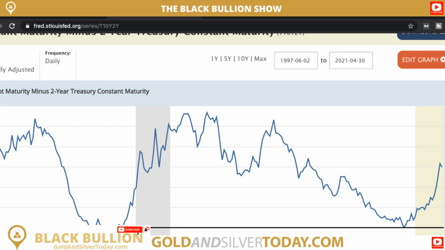So again, all these things will be a benefit to silver, especially given the fact that it has its industrial capacity.